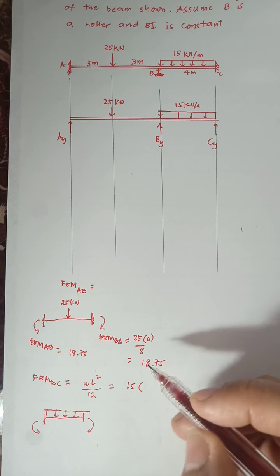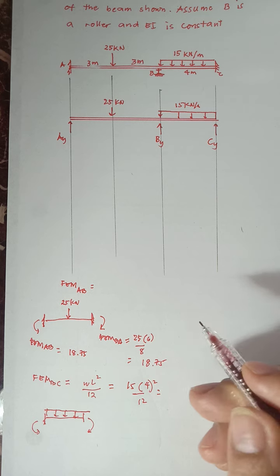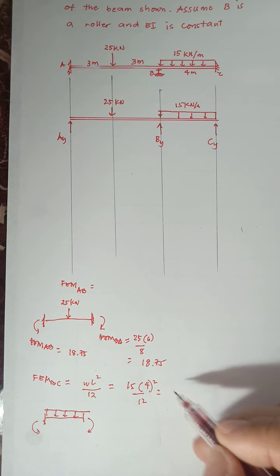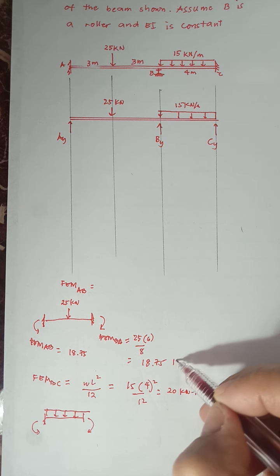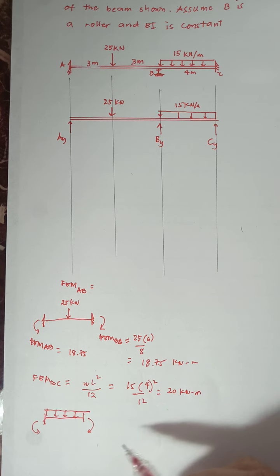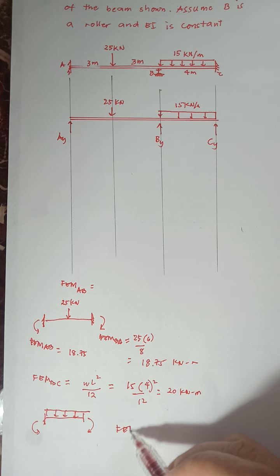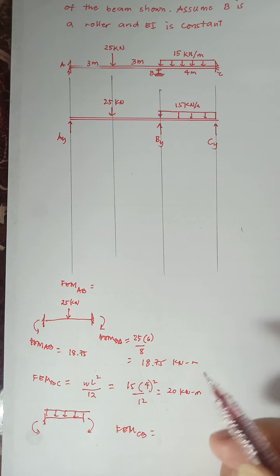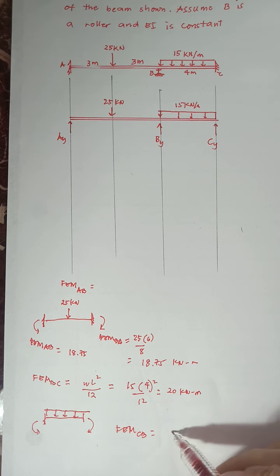Ang iyang L is 4 meters over 12 and this is equal to 20 kilonewton meter and this is also kilonewton meter. And FEM CB, parehas naman sila, WL squared over 12. So this is also 20 kilonewton meter.